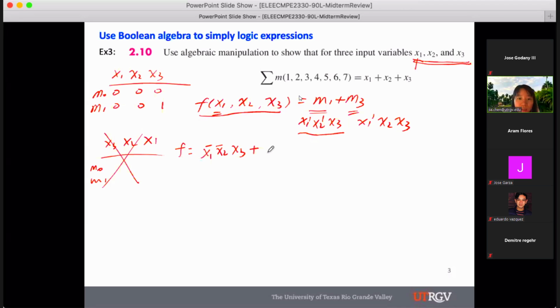And m2 is x1 NOT, x2 times x3 NOT. And m3 is x1 NOT, x2, x3. And m4 is x1 times x2 NOT, x3 NOT. And m5 is x1, x2 NOT, x3.